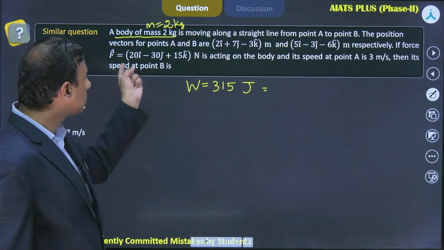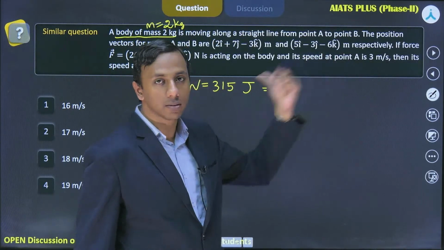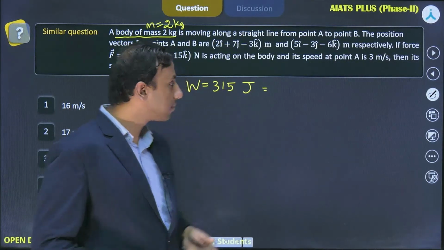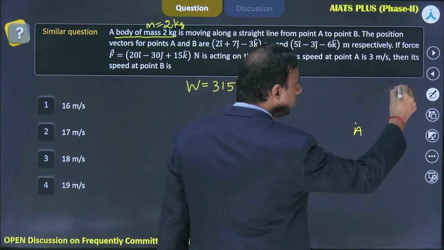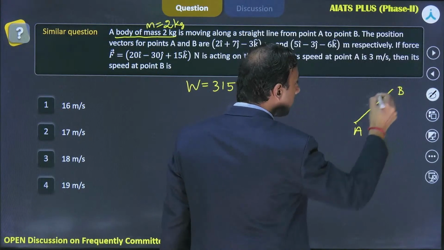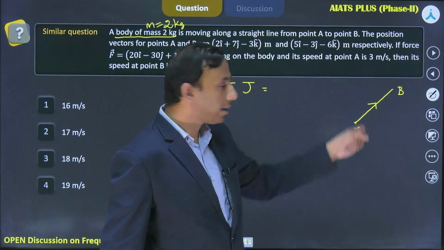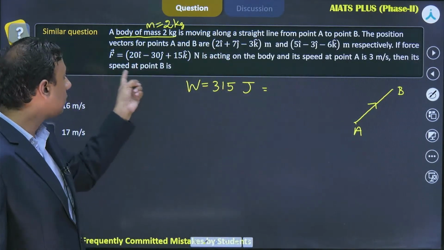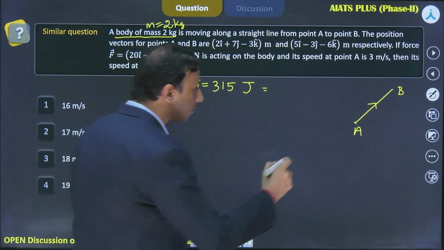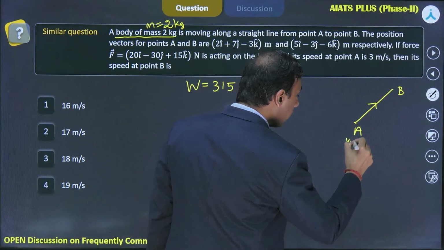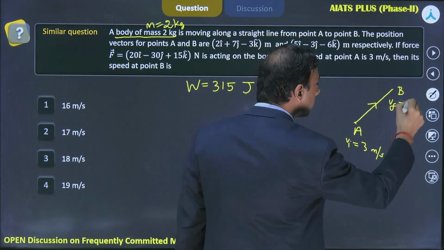They are saying this force is acting on the body, which we already know, and its speed at point A is given. So the initial speed is given. The particle is going from A to B, the speed at A is given, and they are asking for its speed at point B. Vi is given as 3 meter per second, and Vf we have to find out.